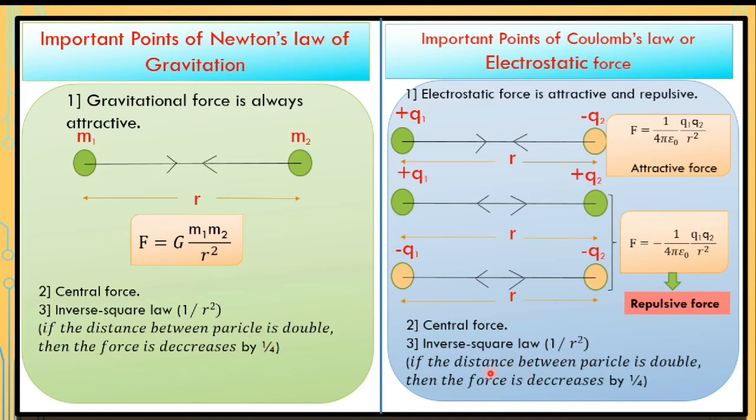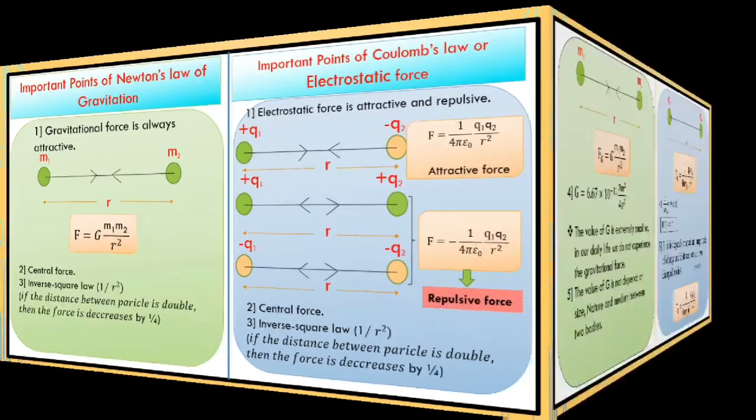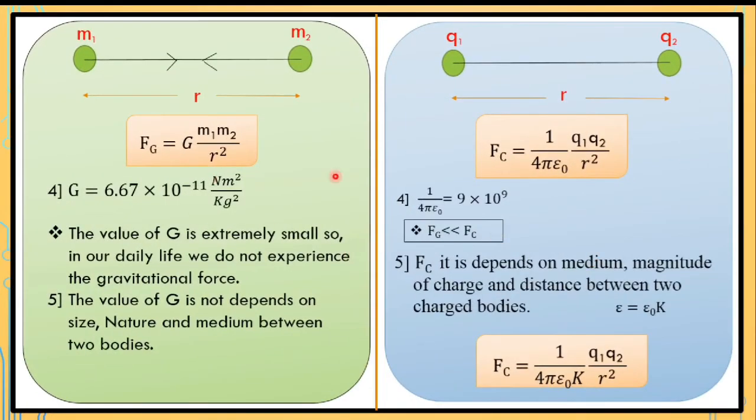Similarly for this also, the gravitational force, with proportionality constant G, is G m1 m2 upon r square, and the Coulomb force is 1 upon 4 pi epsilon 0 q1 q2 upon r square. Here G has the value 6.67 into 10 to the power minus 11 Newton meter square per kg square, and 1 upon 4 pi epsilon 0 is equal to 9 into 10 to the power 9.